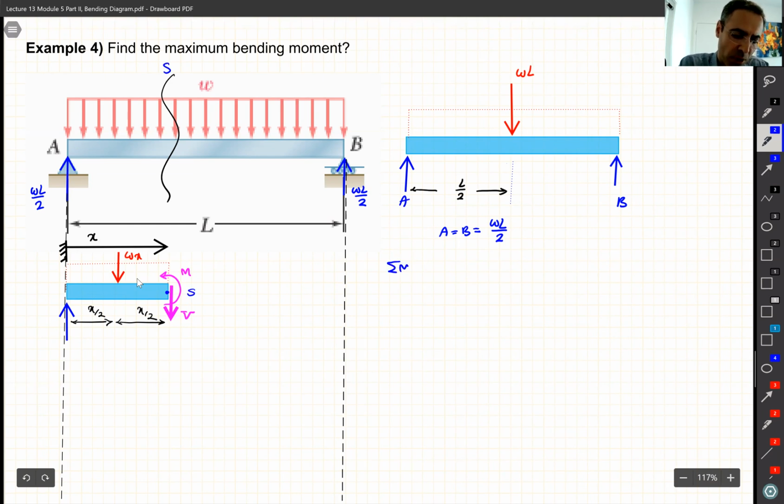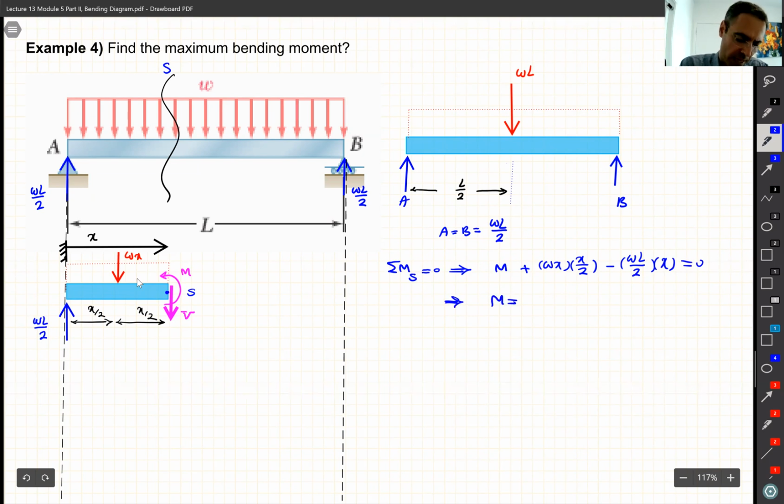Sum of the moment about point S equal to 0. I have M, which is positive. I have Wx multiplied by X divided by 2, which is again positive. And then I have WL divided by 2 multiplied by the distance, which is X, equal to 0.